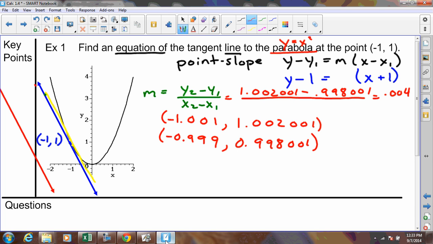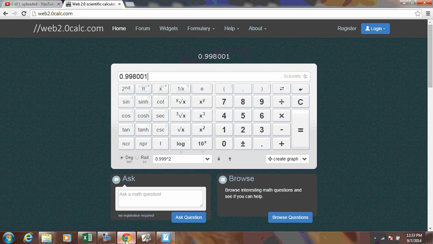Taking x2 minus x1, we'd have negative 1.001 subtract a negative 0.999. Oh, back this part up.